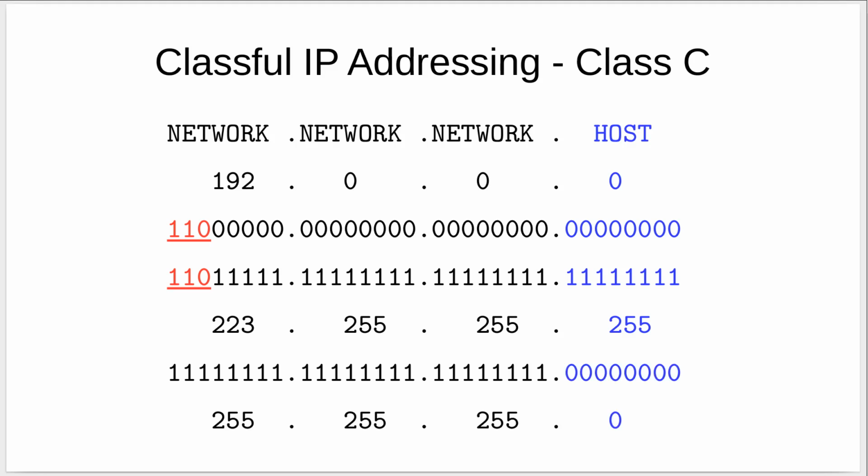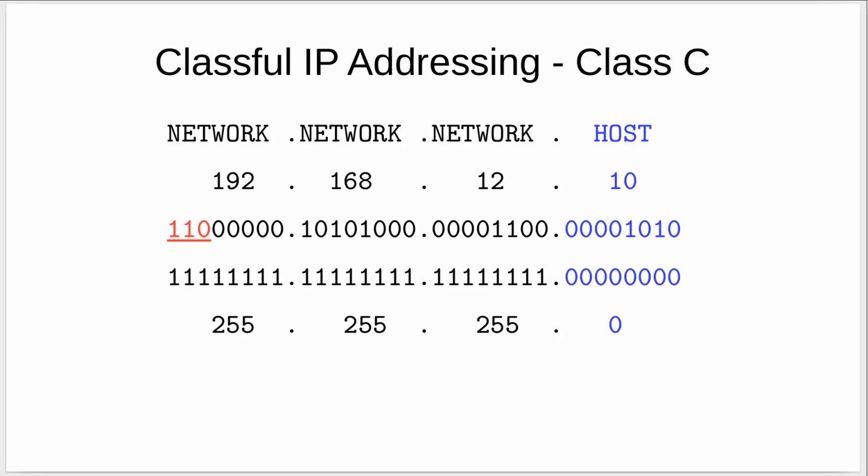Excellent. So the default subnet mask, the first 3 octets are network, we set them to 1s. The last octet is host, we set that to 0, and it generates the default subnet mask of 255.255.255.0. Brilliant. Let's look at a representative Class C IP address, 192.168.12.10.